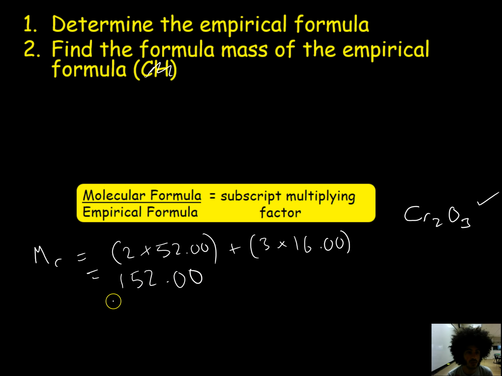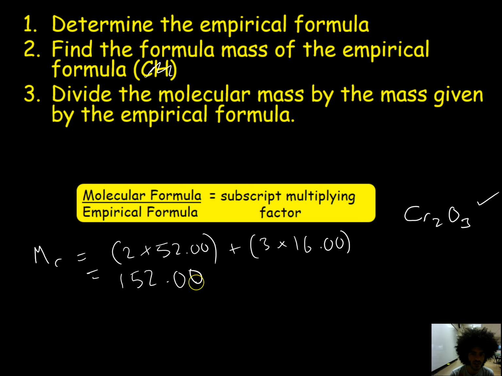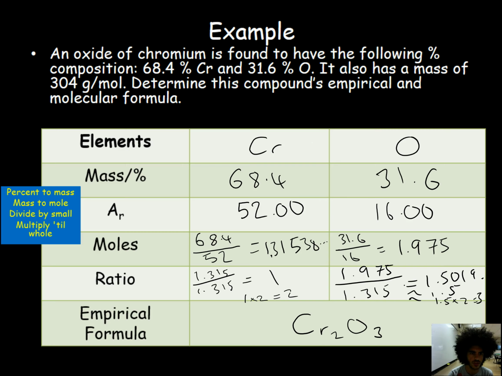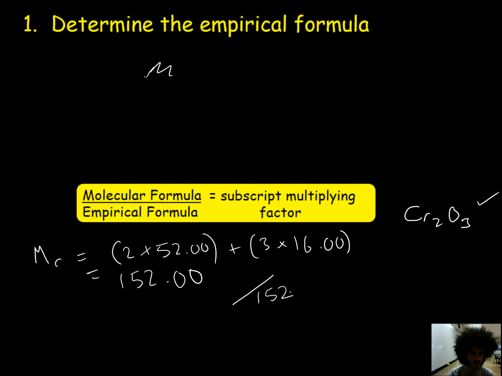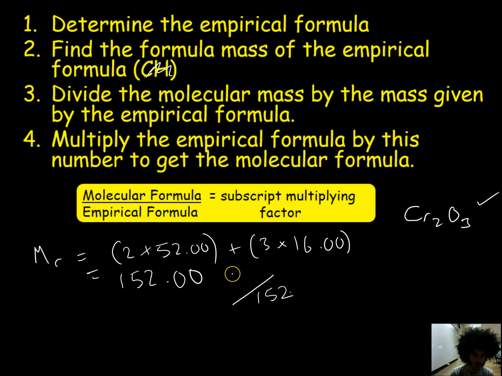My third step is to divide the molecular mass by the mass given by the empirical formula, and that's this equation here. So I have to do 152 at the bottom, and if you look at the question that we looked at before, it's 304. So I'm going to put in 304 there, divided by 152, and that gives me 2, bang on 2.